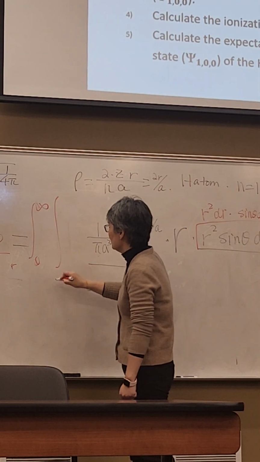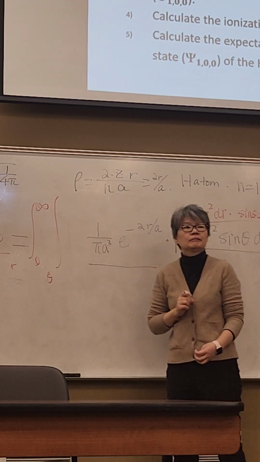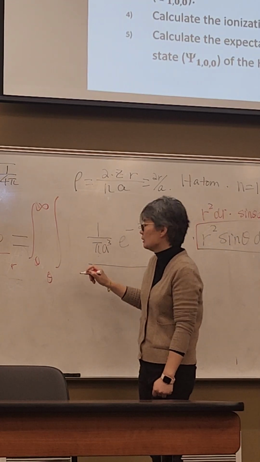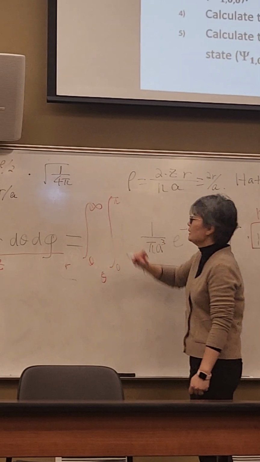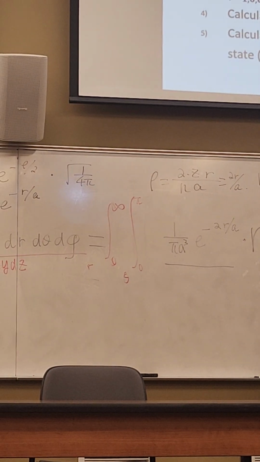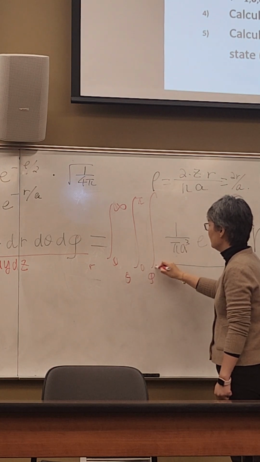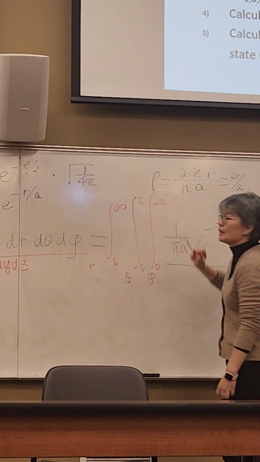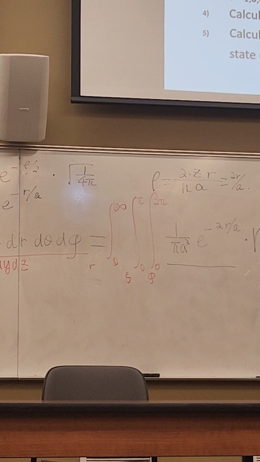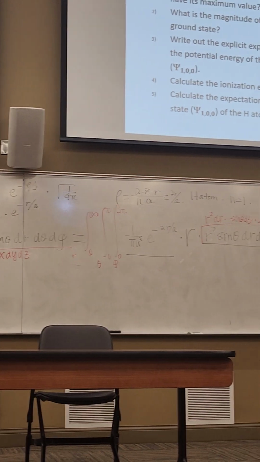Then I have the theta. What do I have? I'll tell you. 0 to pi. If I have a phi integration right here, what do I have? 0 to 2 pi, right? Any question on this?